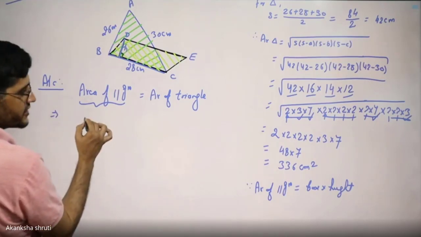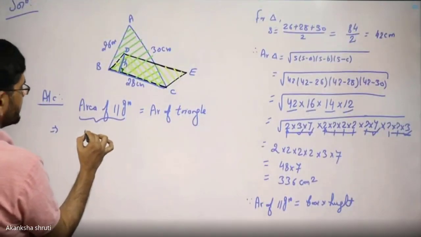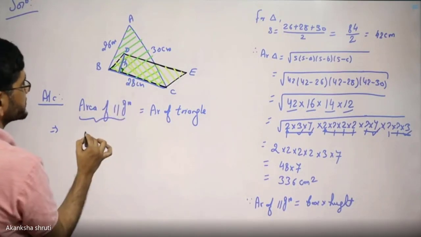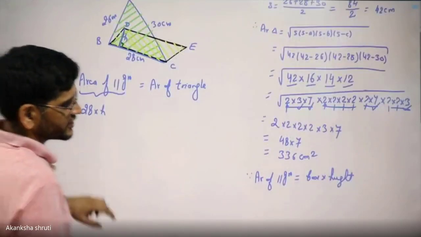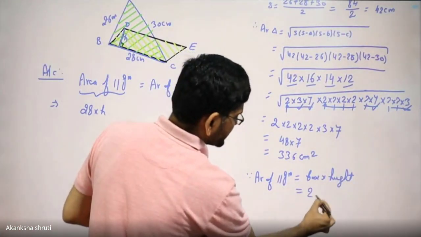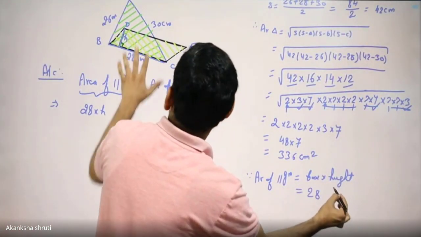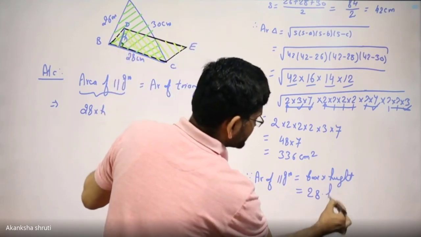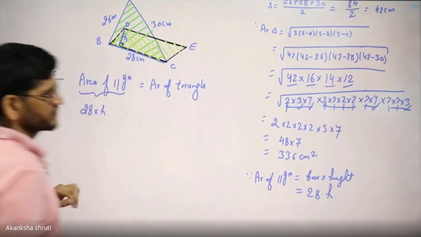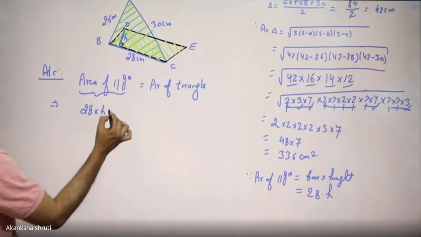So this can be written as the base, say 28, into the height h that we have considered. Students, here the base is 28 because the triangle and the parallelogram are both on the same base. So base is taken as 28 and h is to be calculated.